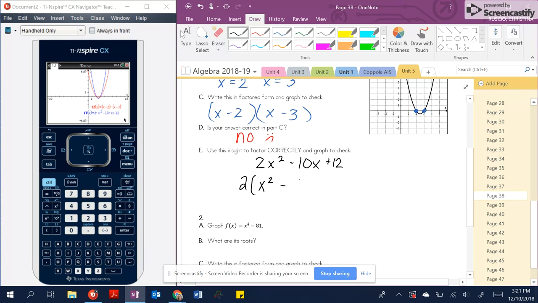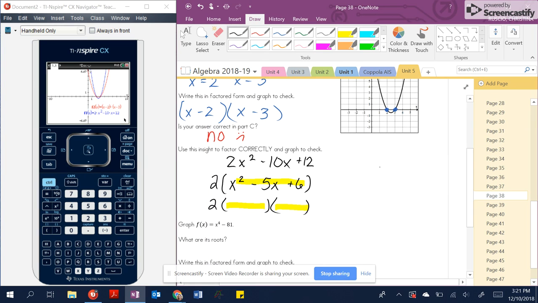OMG, I can pull a 2x out of every single one of my terms. There it is. Okay, so we're going to pull out the GCF and then we're going to factor what's left over here. So we took a 2 out of everything, and now what's left over has to be factored.